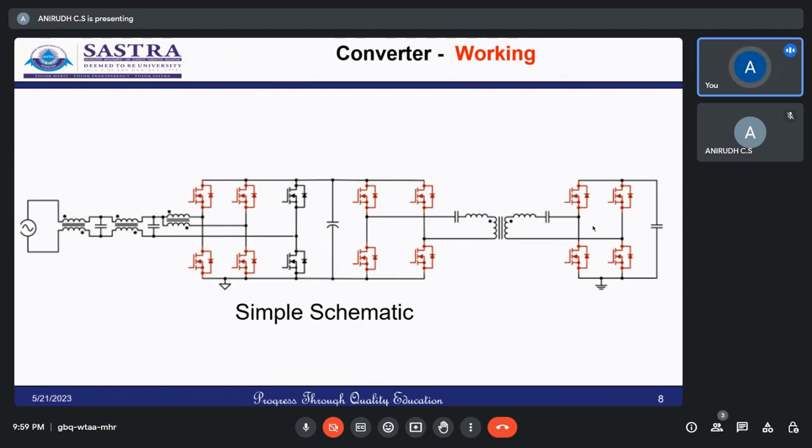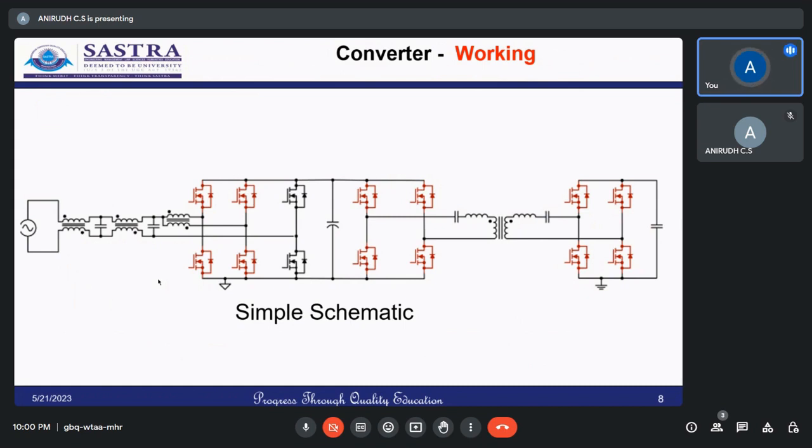So now we'll be talking about the simple schematic of the onboard charger. From the left hand side, a single phase supply is fed to a totem pole power factor correction circuit, in which it uses a capacitor to convert a single phase supply to a three phase, which has a phase difference of 120 degrees leading from each other. This three phase AC supply is fed to a 6 MOSFET circuit which rectifies the AC supply to a DC, and the DC is being inverted back to an AC supply using a 4-bridge MOSFET.